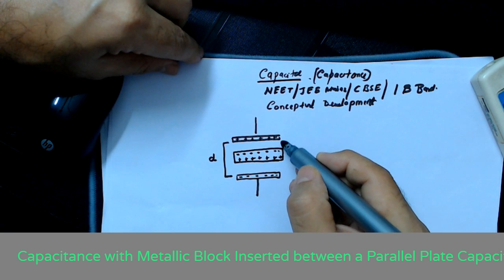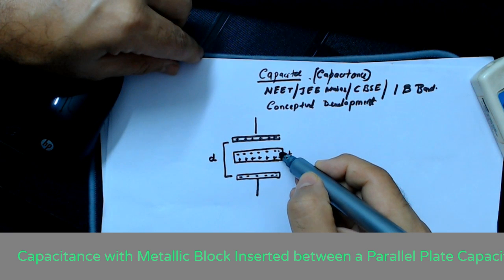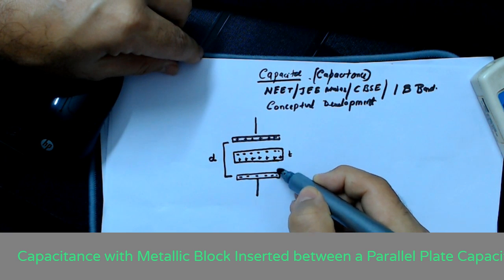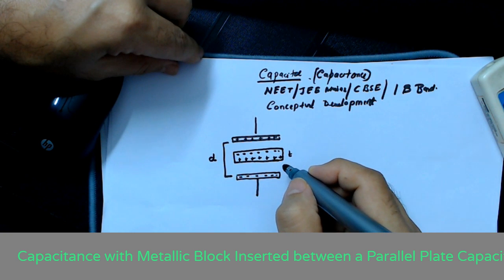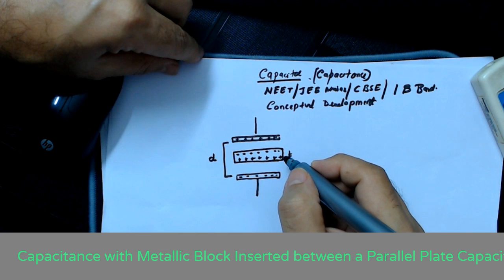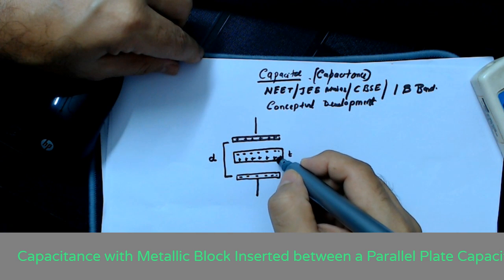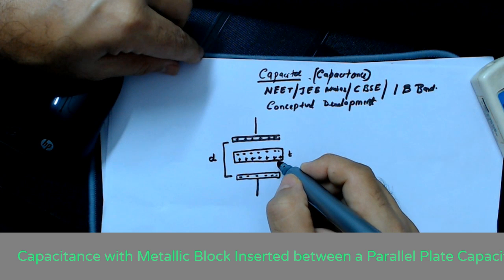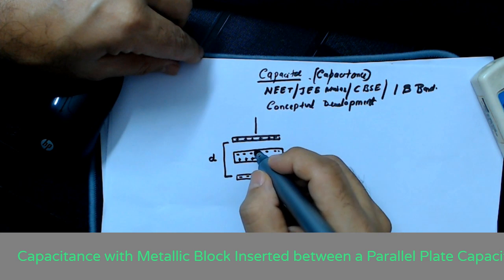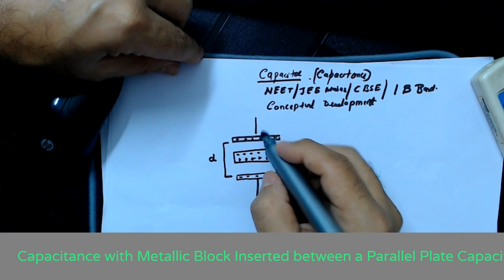So the positive plate attracts the negative charges, and the negative plate attracts the positive charges. The electric field generated inside the metallic conductor completely cancels the electric field that actually exists between the plates of the capacitor.